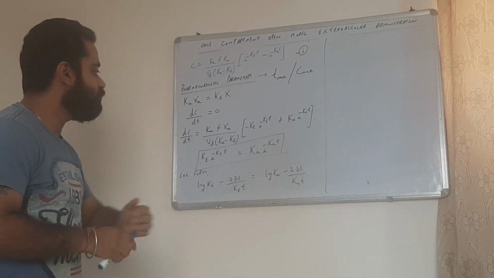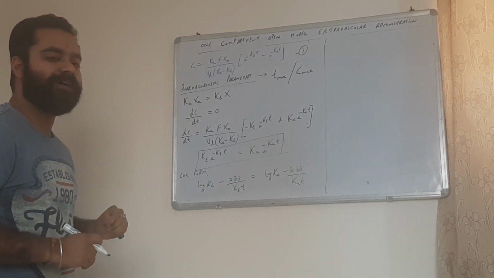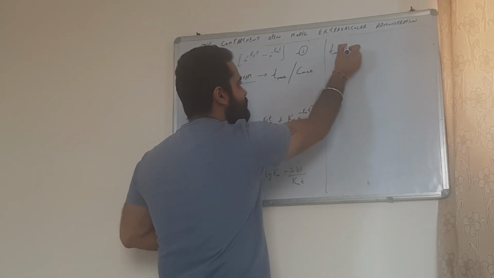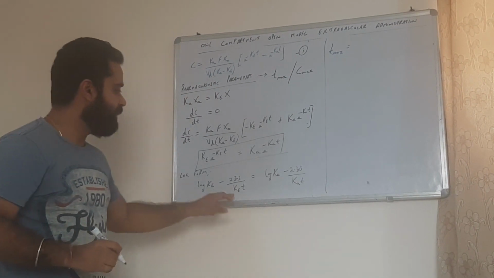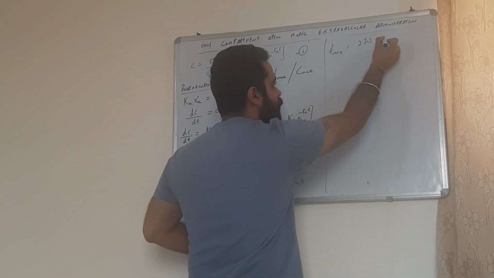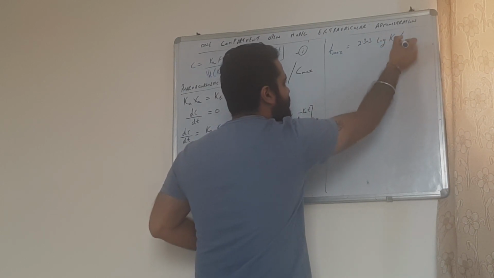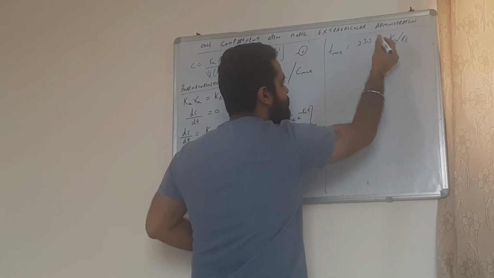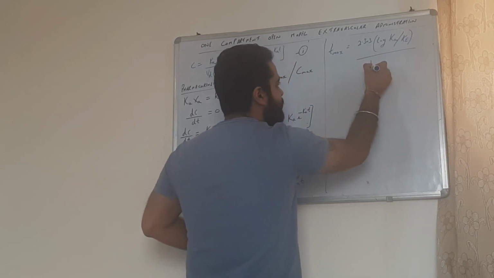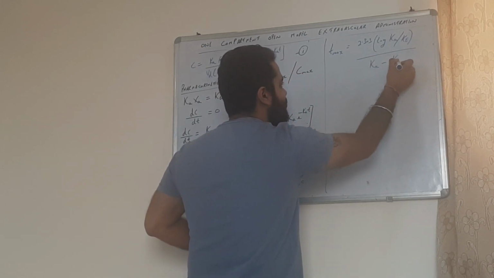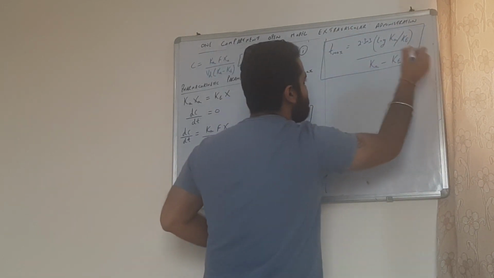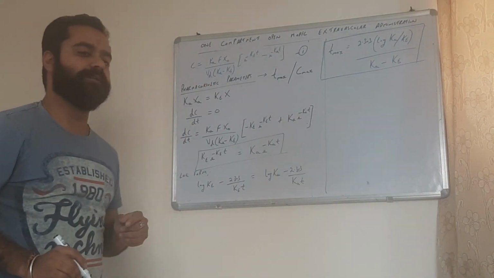If this time is equal to Tmax, on further simplifying this equation, we get Tmax is equal to 2.303 log Ka divided by Ke, this whole divided by Ka minus Ke. So this is the final expression for the value of Tmax in case of extravascular administration.